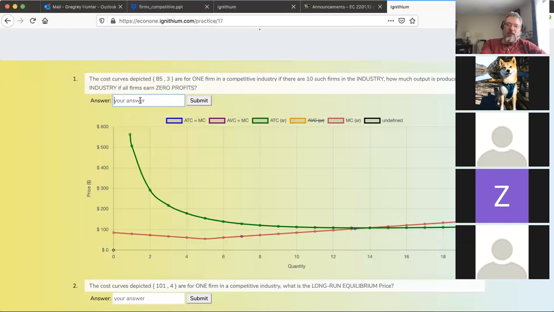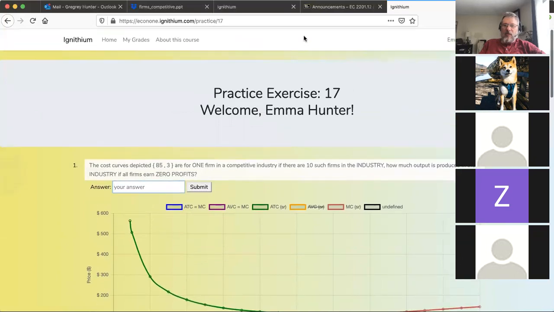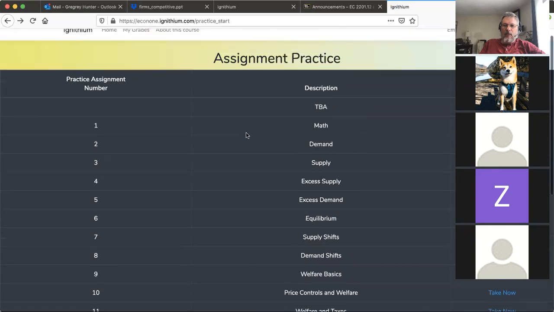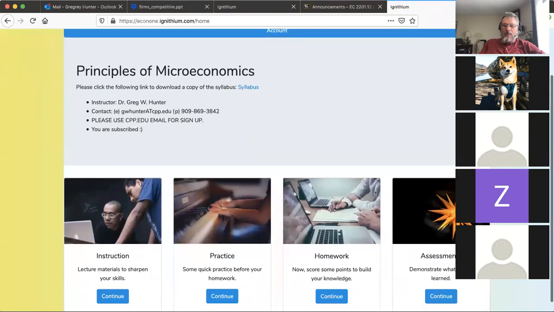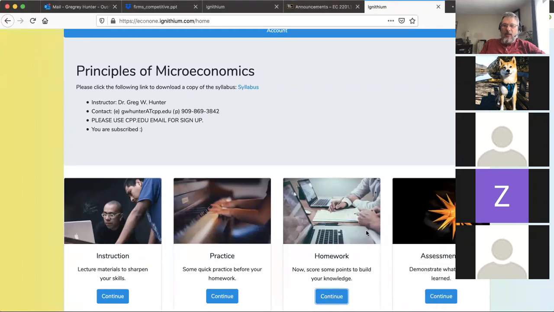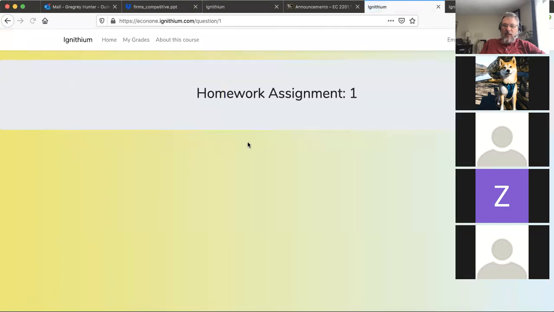So what I'm going to do is move the stuff around a little bit, and so I'll open this one in a new tab, and then I'll just pick, oh, that one's blank.